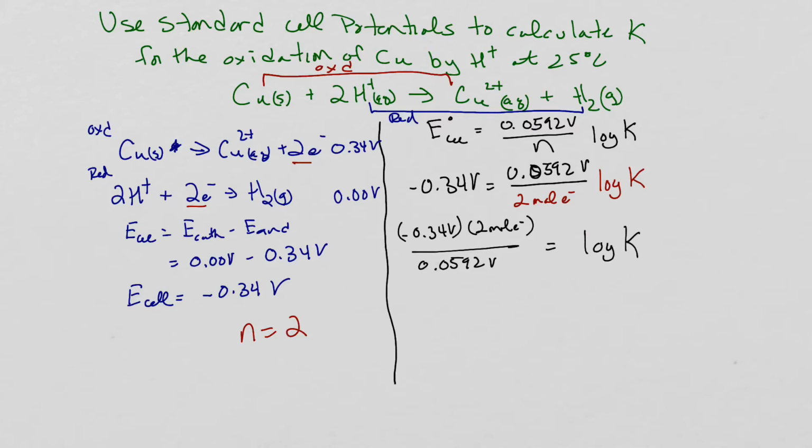So if we rationalize all of that, we end up with log of K equals negative 11.486. Now if we think about units here, my volts cancel.